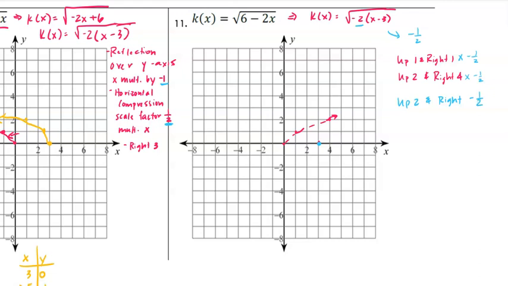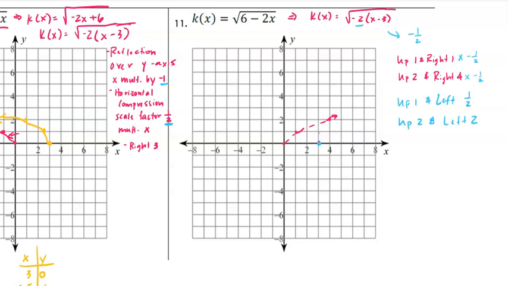You notice that is a left. Left 1/2, and then where did I get the up 2? Up 2, and we're gonna go left 2.